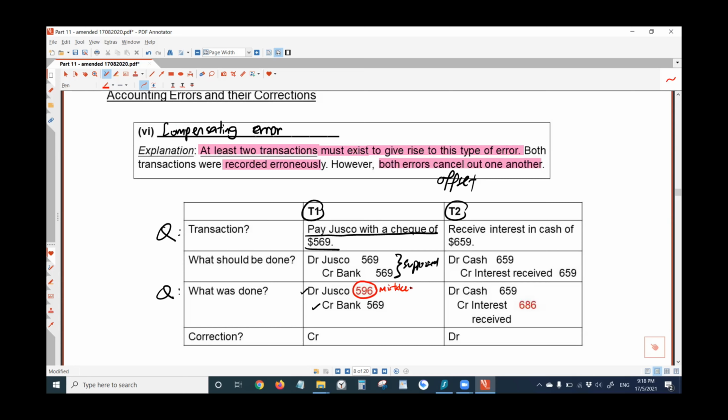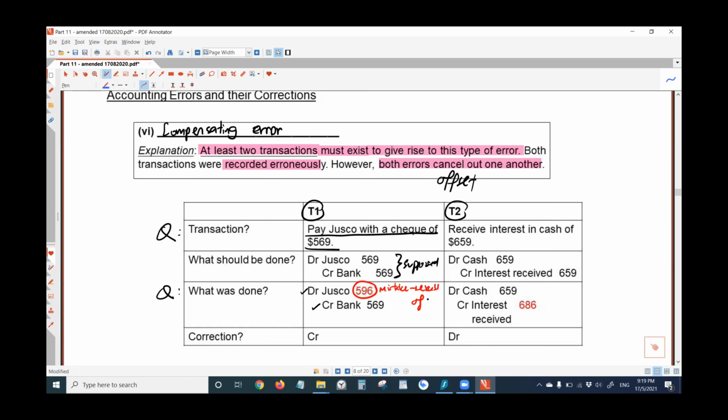It is in excess of how much? Try to calculate. The correct amount is 569, right?